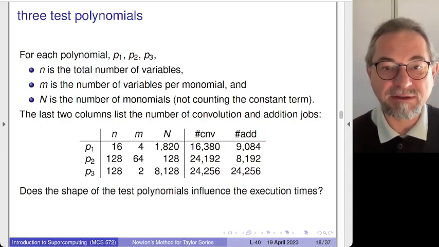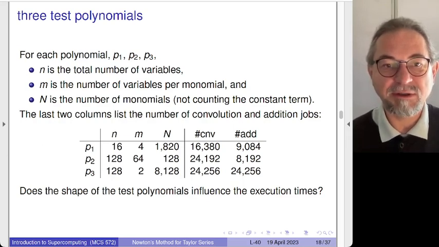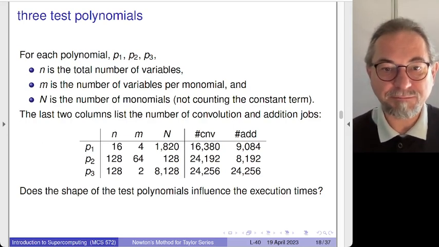I considered polynomials which consisted of relatively few variables. So we have the total number of variables, but then a relatively small number of variables per monomial.